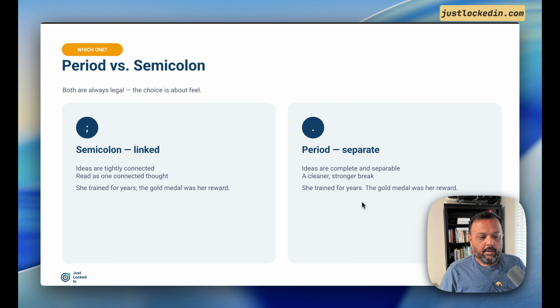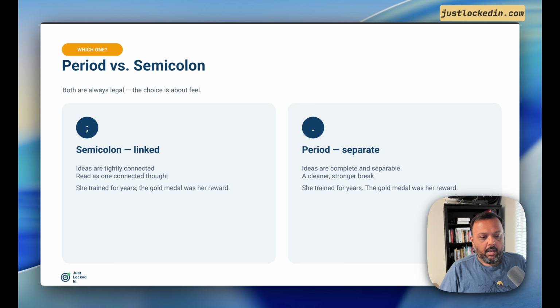Now over here, you could read this as: she trained for years, the gold medal was a reward. So these are two independent thoughts. They stand next to each other, but they are two independent thoughts. The reader can draw any inference they want.